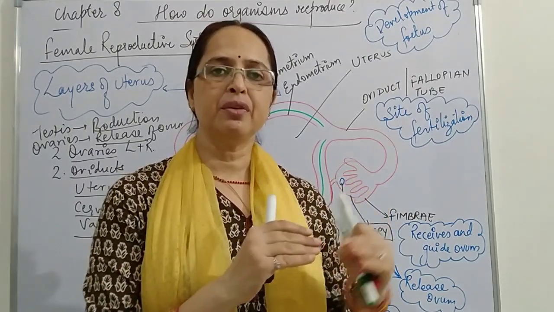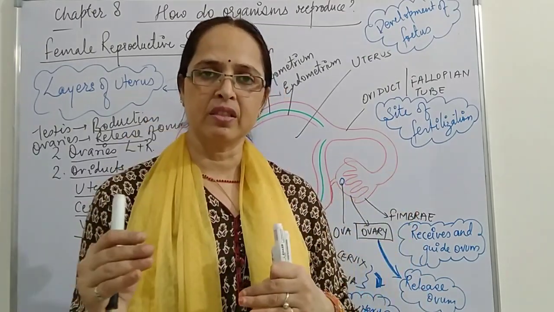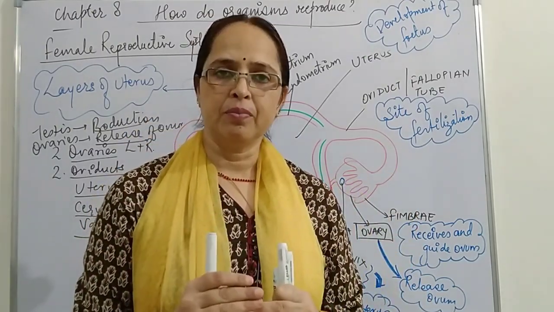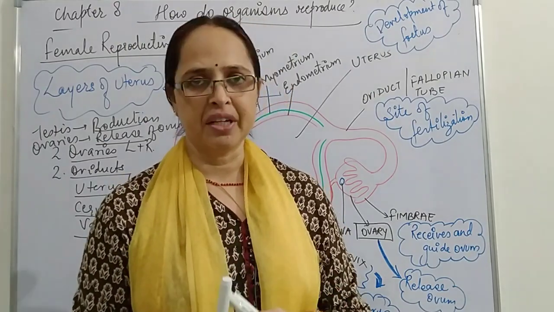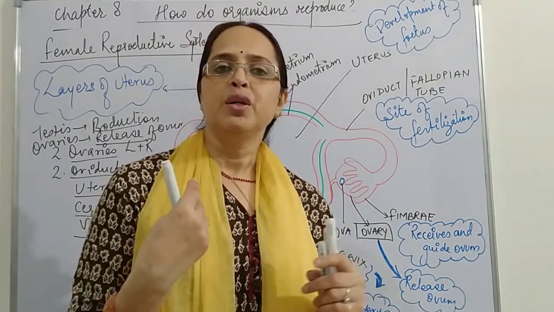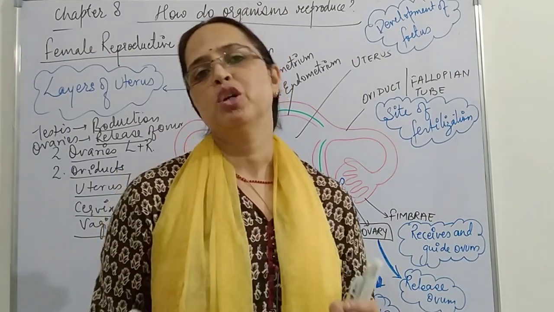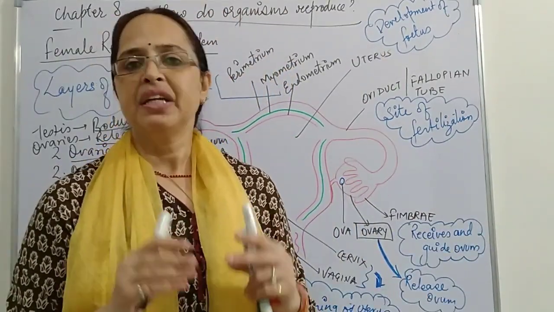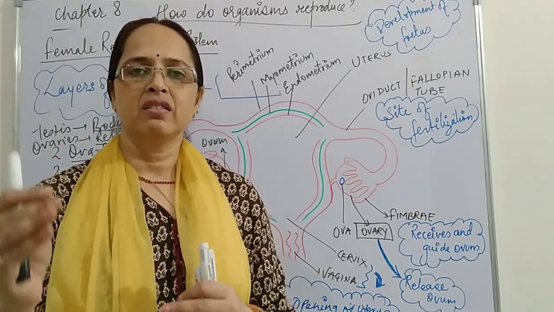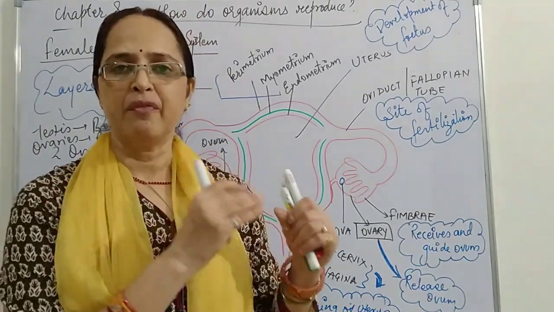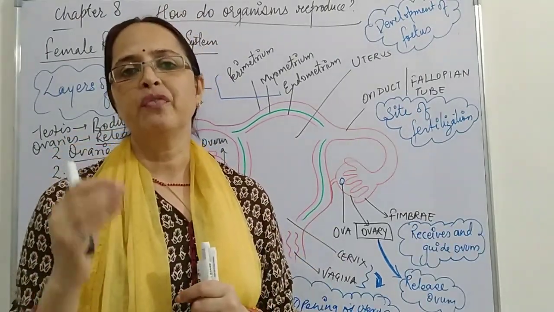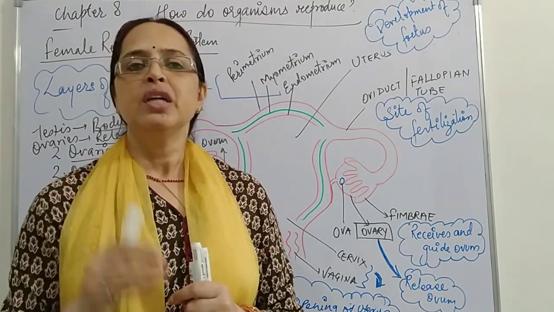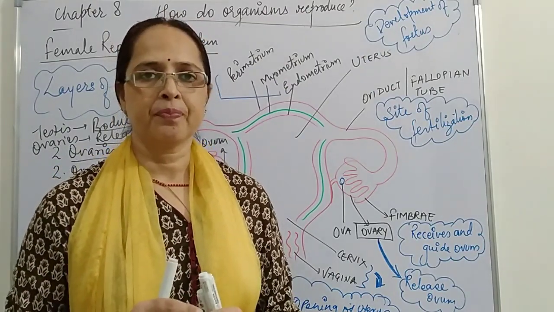After birth, until the girl reaches adolescence, many of the ova degenerate, because during the embryonic stage millions of ova are present, but many get degenerated during the growth time, that is after birth till the age of adolescence, or 11 to 12 years of age.